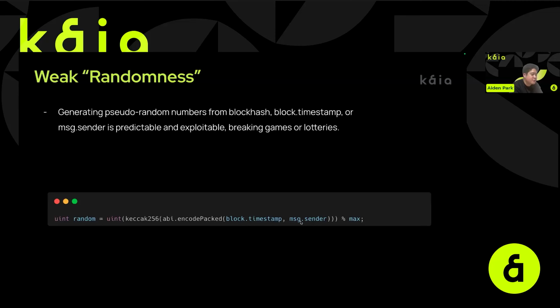The message sender is not that important because it is not a random one. The problem with block.timestamp is that its value can be manipulated by the block proposer or miner. So it's not pure random.